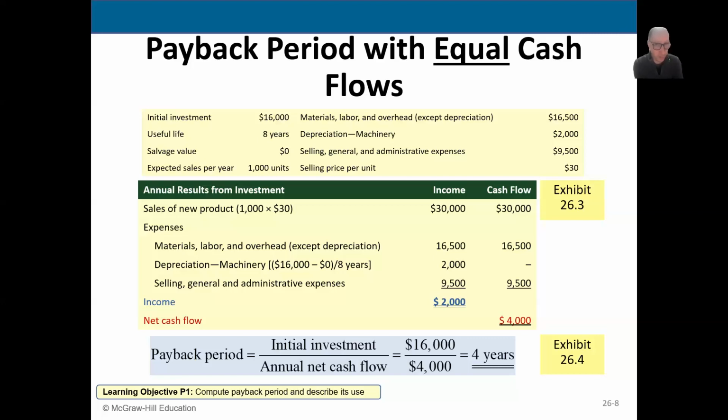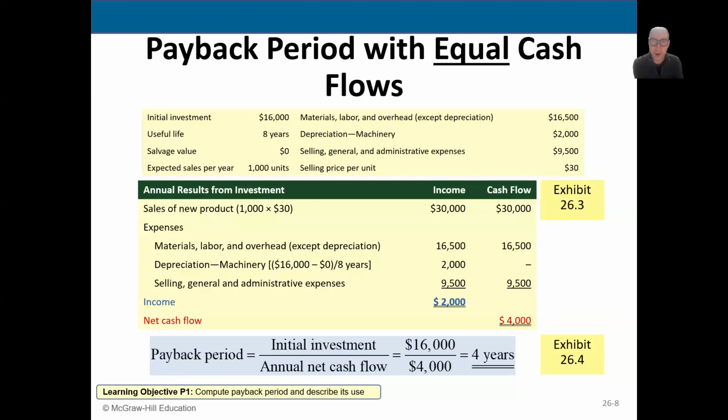You see? There's no cash involved there. We're not paying depreciation expense. So our cash outflows every year are $16,500 materials, labor, and overhead, and the selling, general, and administrative expenses, $9,500.